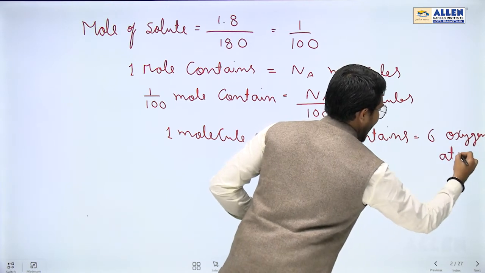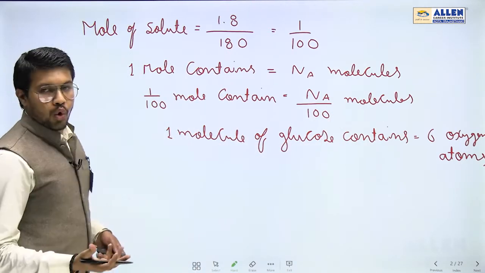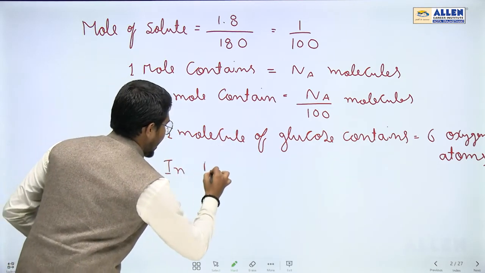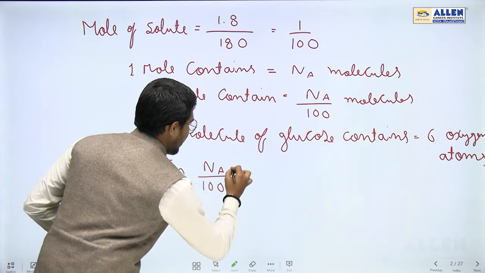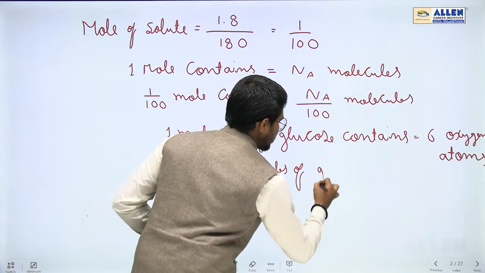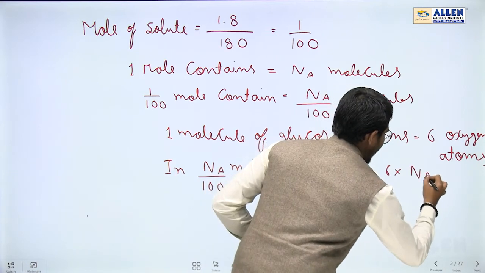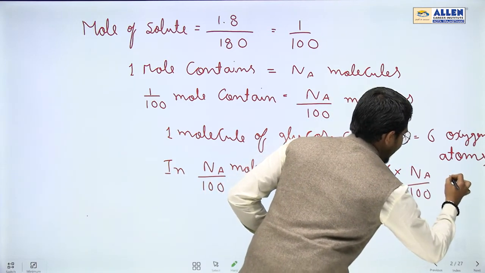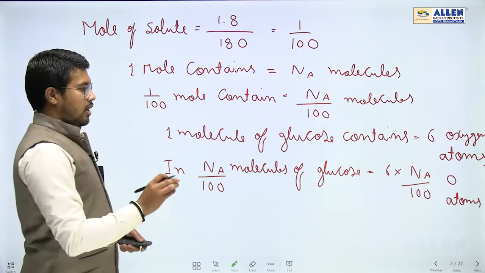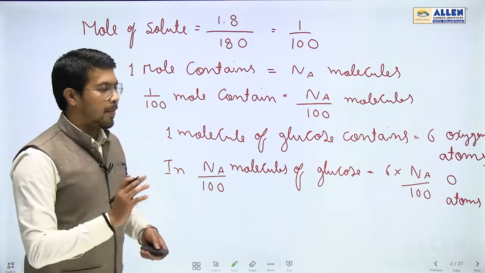In Na upon 100 molecules of glucose, the total number of oxygen atoms will be 6 into Na upon 100. So we got the number of oxygen atoms present in solute: 6 into Na upon 100.